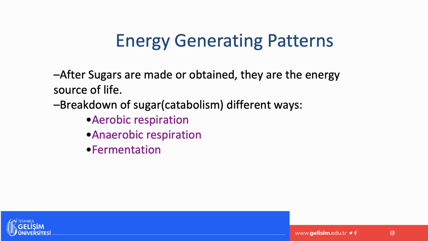Okay, sugars are a key source of energy for living organisms that can be broken down through different metabolic pathways, including aerobic respiration and anaerobic respiration, as well as fermentation. So, aerobic respiration is a metabolic pathway that involves the breakdown of glucose or other organic molecules in the presence of oxygen.